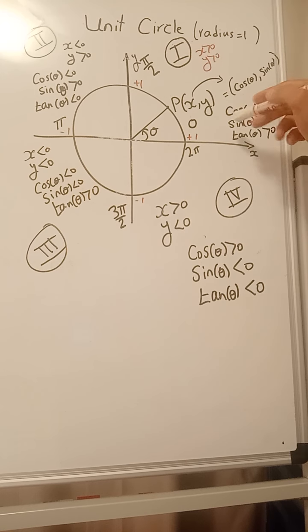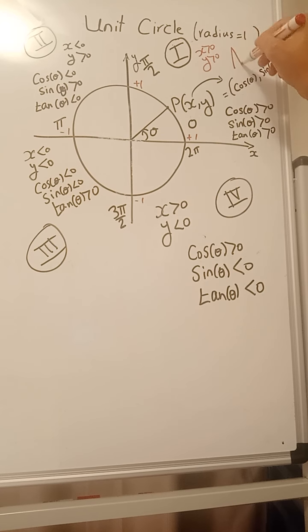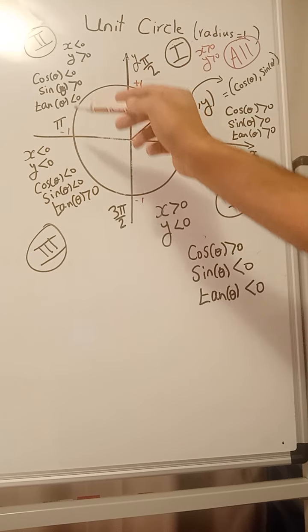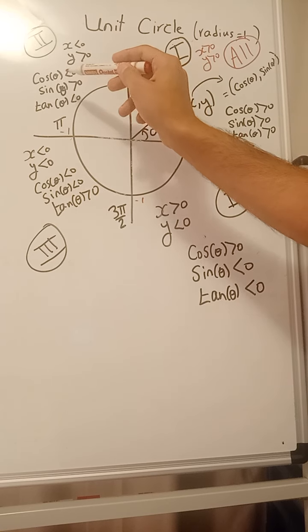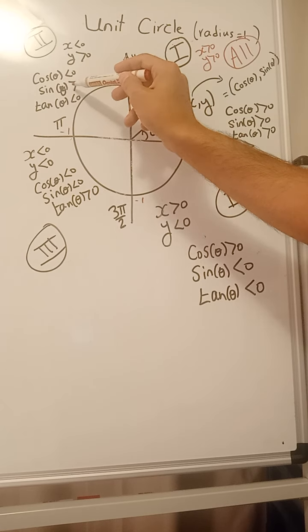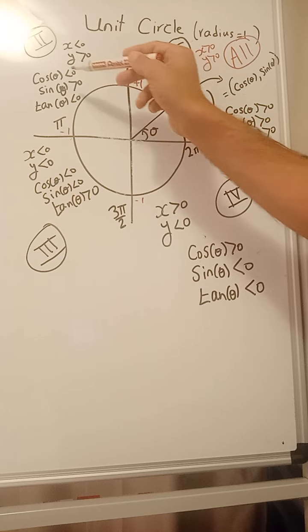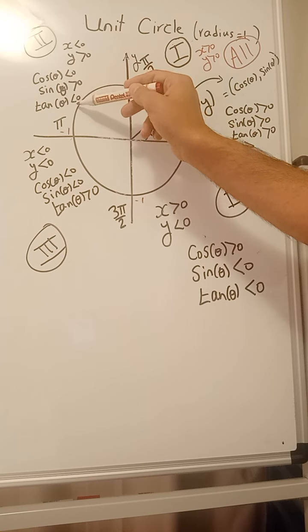Now let's talk about it. In the first quadrant, all are positive, sine, cosine, and tan. So I'm gonna write the word all. Now in the second quadrant, between pi over 2 and pi, only sine of theta is positive. The rest are negative. Cosine is negative, tan is negative.